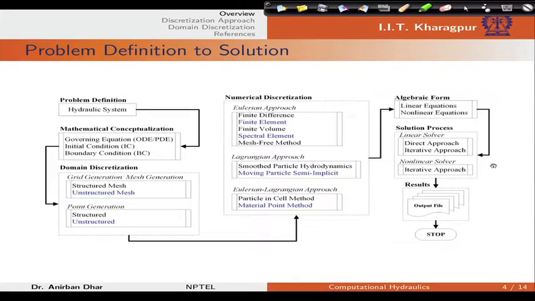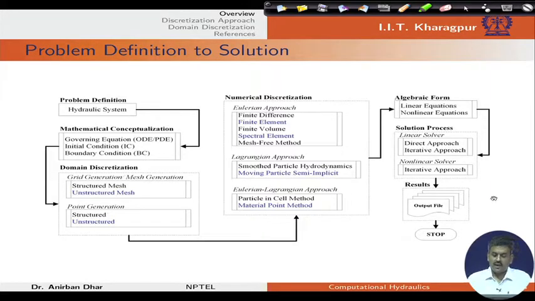With this solution, we can find out the results in different output files, and we can analyze that for the relation between different variables and variation of dependent variables with space and time.